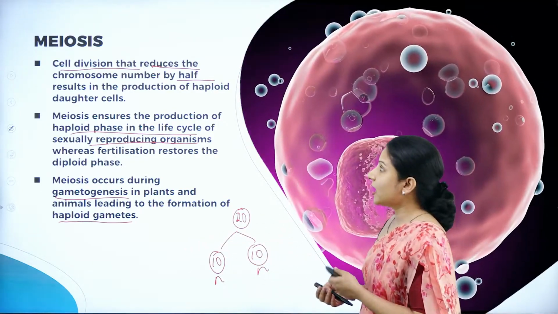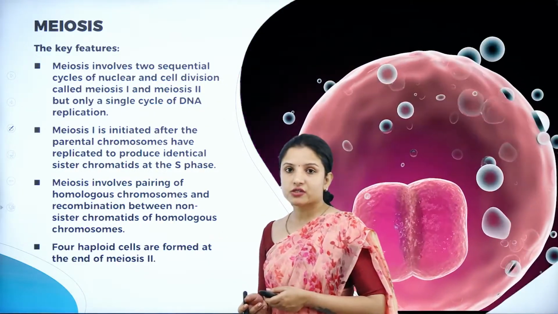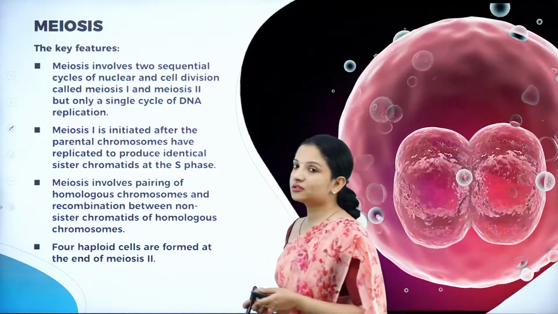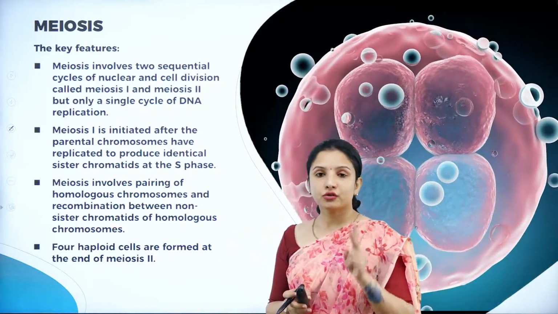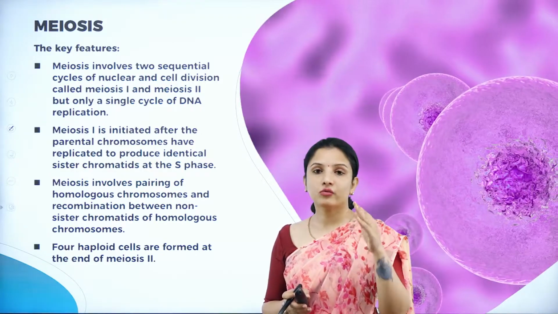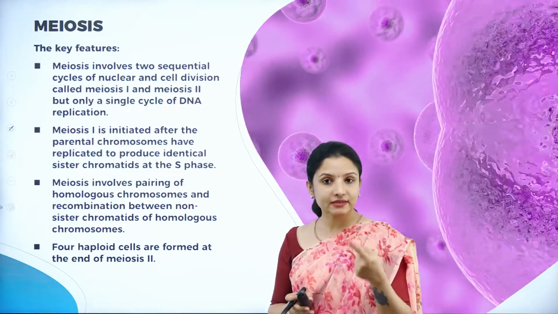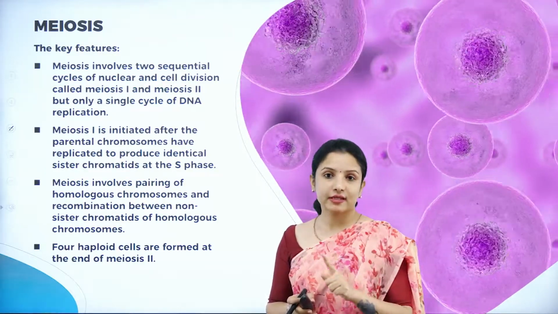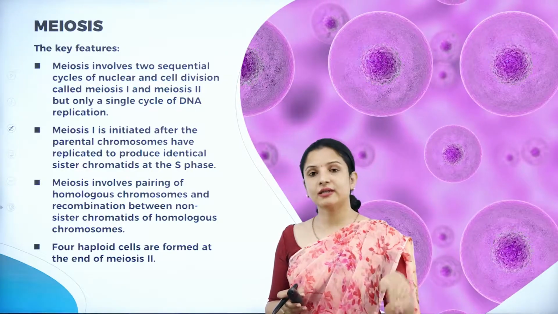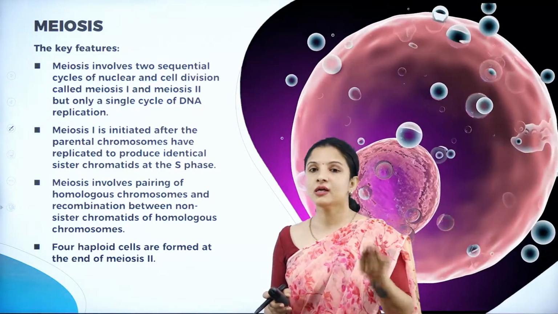division, actually occurs. And some of the key features of meiosis are, meiosis actually takes place in two cycles, wherein it will undergo meiosis 1 and meiosis 2. So, two cycles will occur, whereas in mitosis, it was only one cycle of division. It will get completed, then it will again enter into the same cycle.